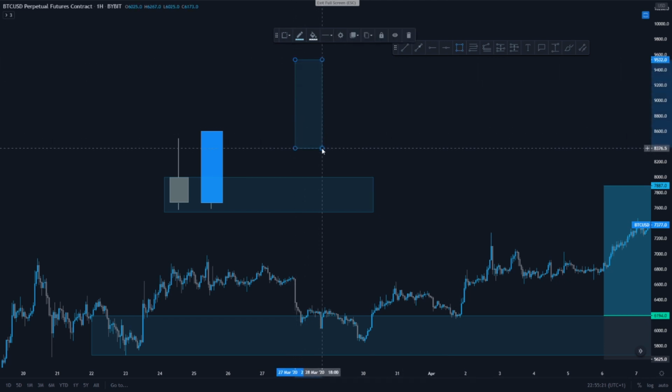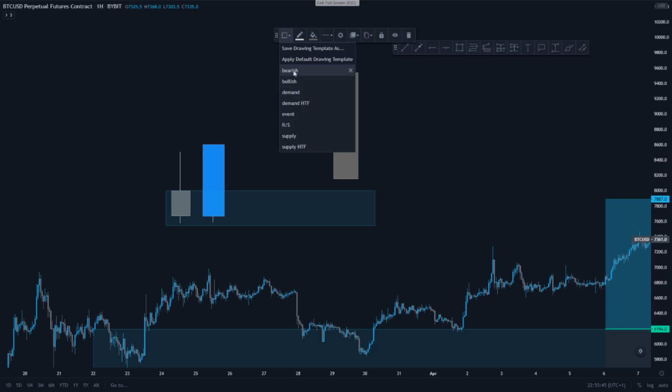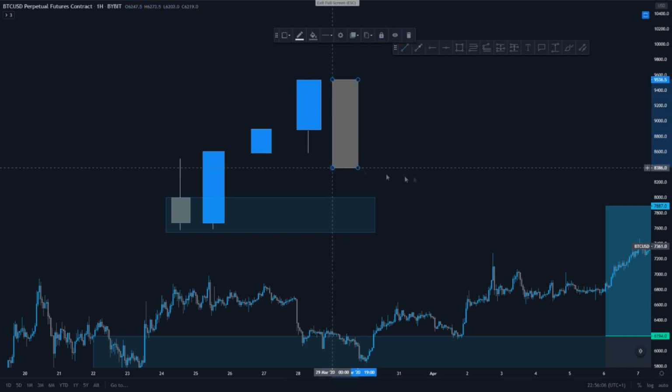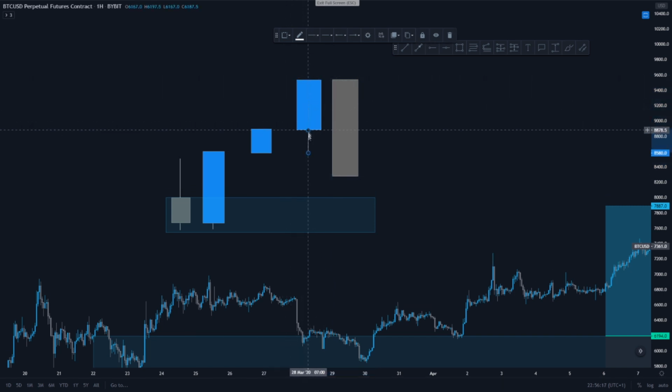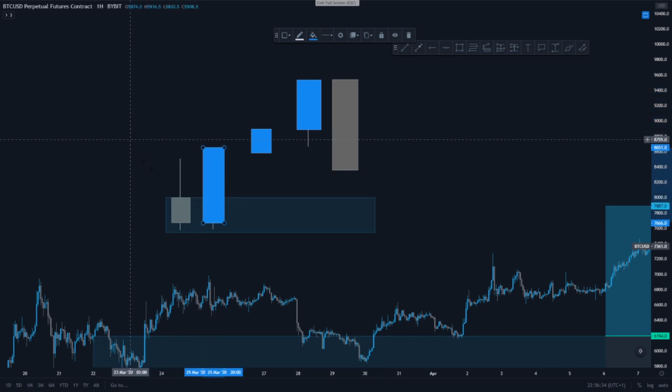The opposite would be a bearish engulfing. So this will be a bearish engulfing structure. It means that this bearish candle has to engulf this last up candle completely. So if this is the wick, then the candle here has to engulf this candle completely, like this. This is a bullish engulfing, okay, after a downtrend or pullback, and this here is a bearish engulfing.